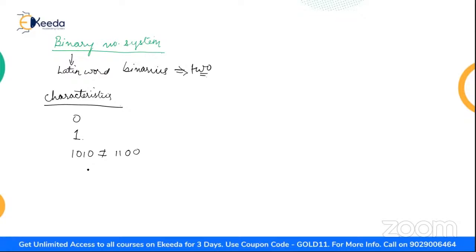Whenever I want to represent a binary number, I will say 1010 B. I will write down suffix B. So if I want to represent binary with 0 and 1 only, this is nothing but bits. Bit 0, bit 1.